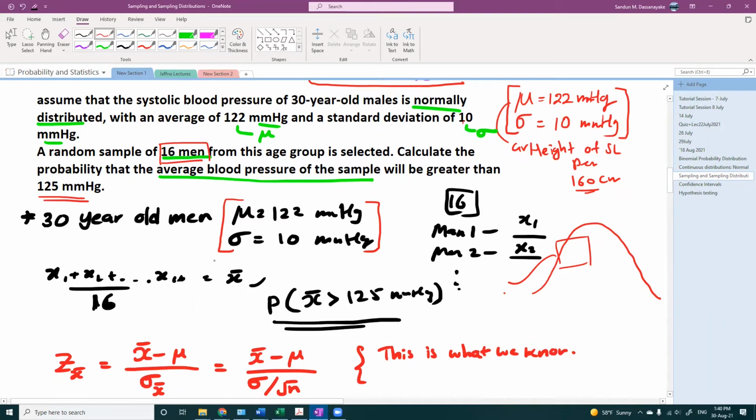We don't know the sample mean yet. So we just need to see the probability that the sample mean is going to be greater than 125. That is, the probability of X bar, our sample mean, being greater than 125 mmHg.